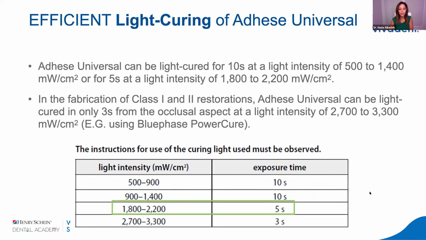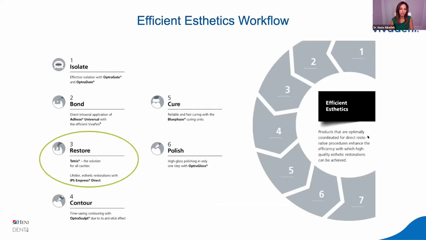But you can also cure it at 5-second and 3-second curing times as long as you have the correct light intensity. And you really want one light that's going to give you all of these options so that you're not going back and forth between different lights. And in my practice, I use the Blue Phase Power Cure for that. So just wait till I show this to you. I'm actually excited for you guys to try it if you haven't already, because it's going to change your clinical life.